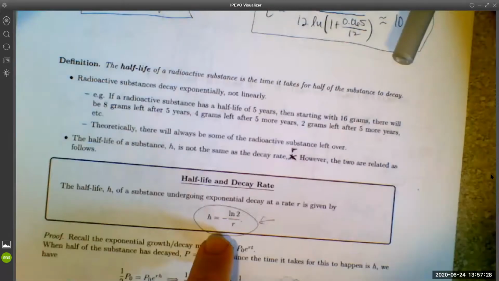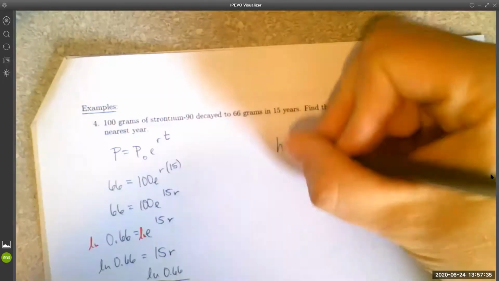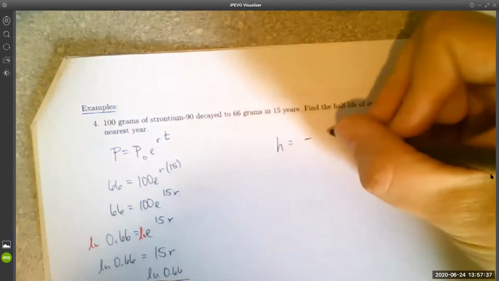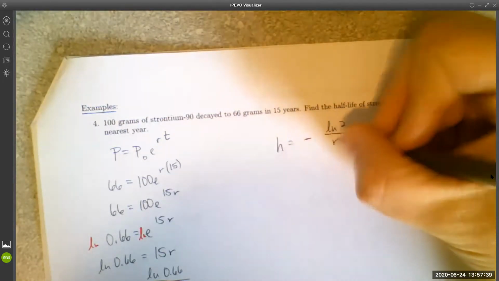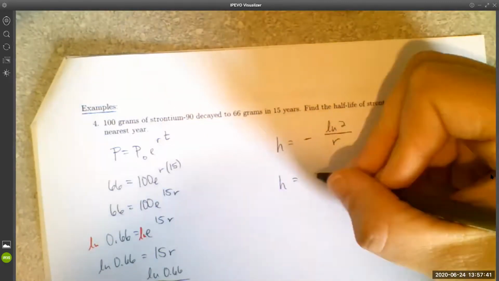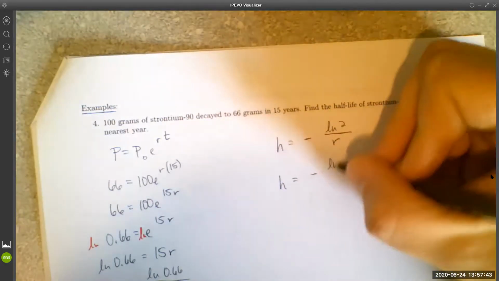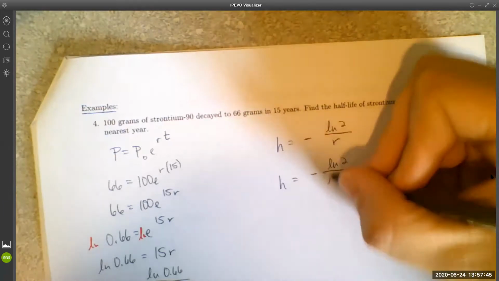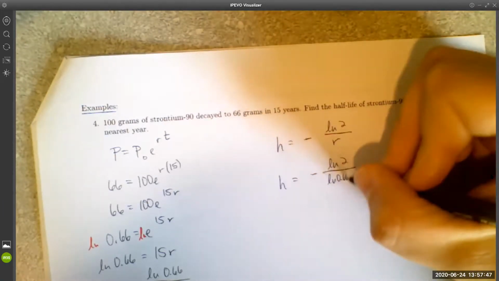I'm going to say half-life is negative natural log of 2 divided by decay rate. So H is negative ln 2 divided by R. In other words, H is negative ln 2 divided by ln 0.66 over 15.